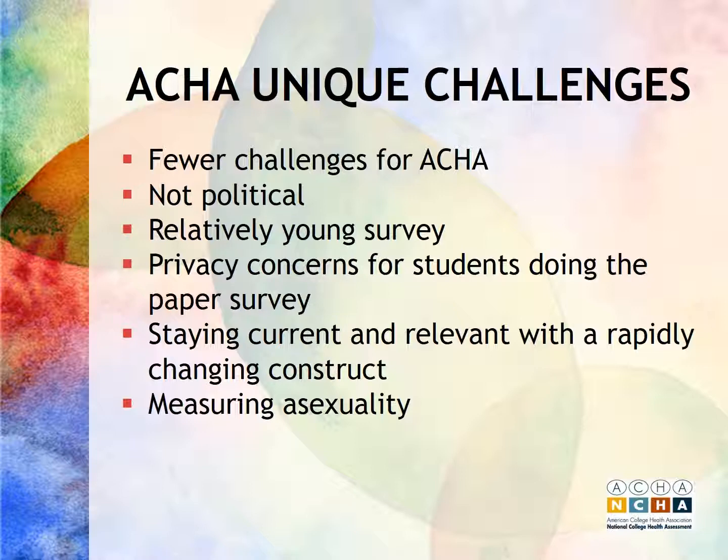I'm also noticing, and this is coming in the write-ins, that students are recognizing the complexity of, particularly, sexual orientation, and want to explain further differences in their romantic attraction and sexual attraction, and really dive deep into that, which is terrific, but very difficult to measure on a survey like this that has very little.